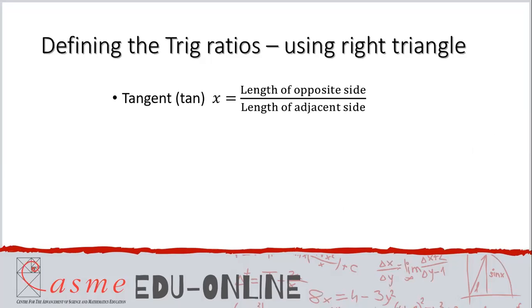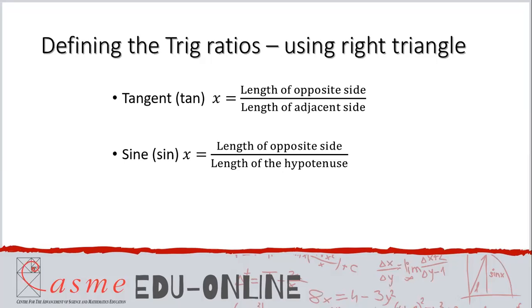So whenever you see the angle x, if you want to find the tangent of that angle x, you must first determine which side is opposite and which side is adjacent. And then if you take the ratio of the opposite side to the adjacent side, that ratio we will call the tangent ratio.